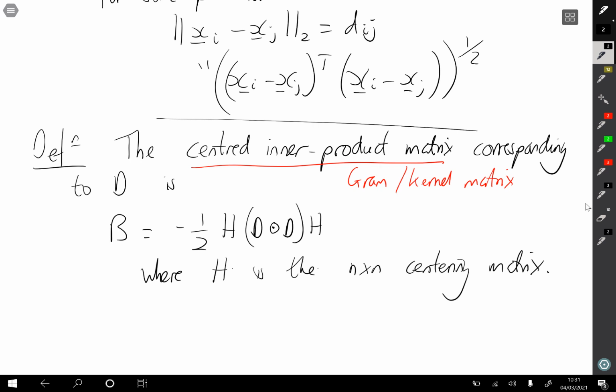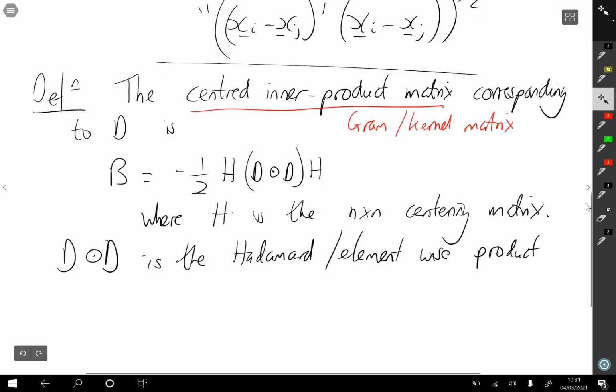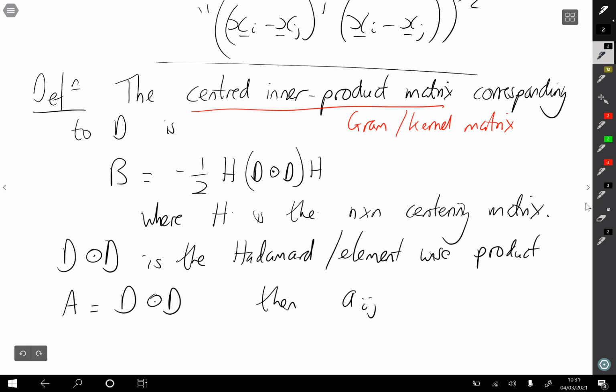This Hadamard product is the element-wise product. So if A is D Hadamard product with D, then the element A_ij is just the element D_ij squared.